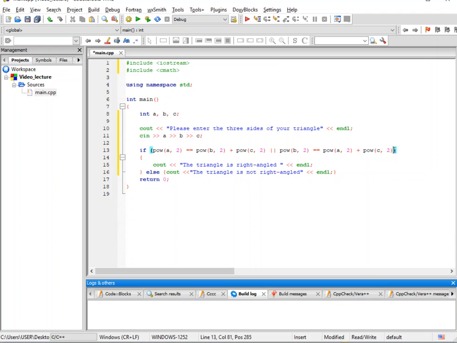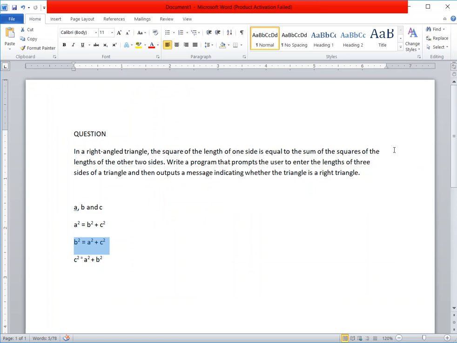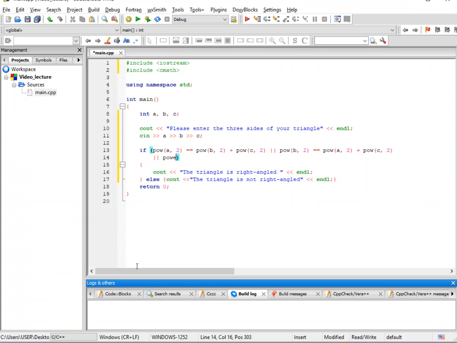In the same way, if, so this one, let's bring it down for clarity. Remember, we haven't terminated and it is still going to be valid. Or if C squared is equal to what? A squared plus B squared, then the triangle is still right angled.